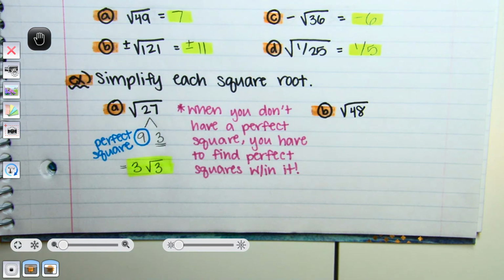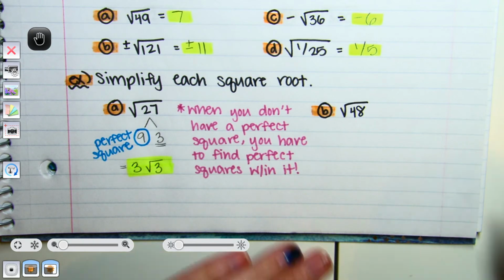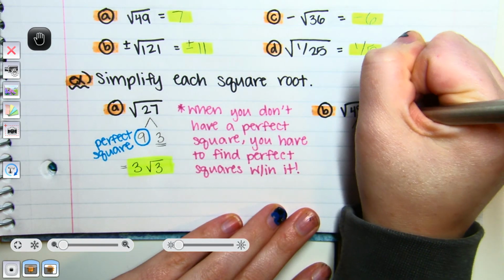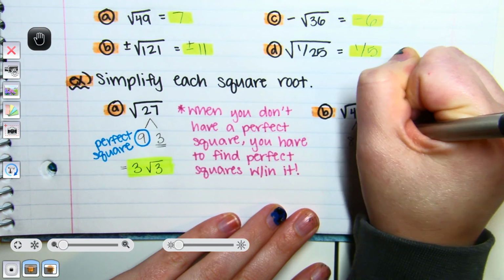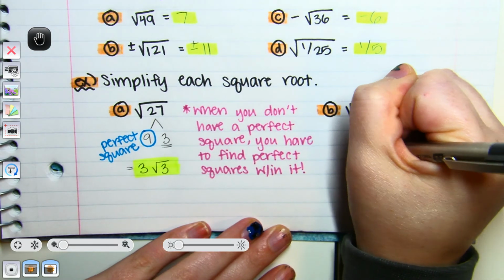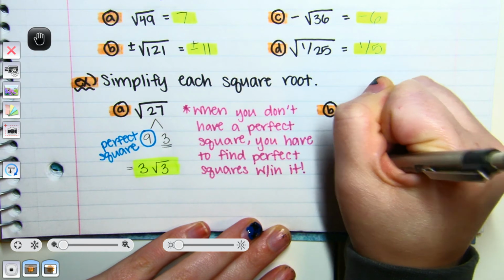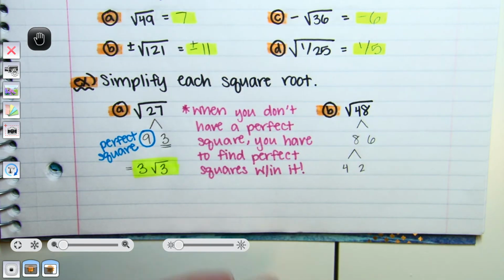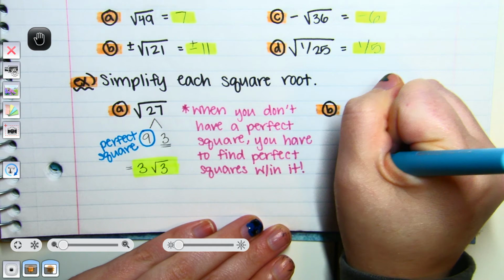Let's try another one, 48. The first thing that comes to mind for me with 48 is 8 times 6. Neither of those numbers are perfect squares, but those can still be broken down further. So 8 is also 4 times 2, and we just found a perfect square.